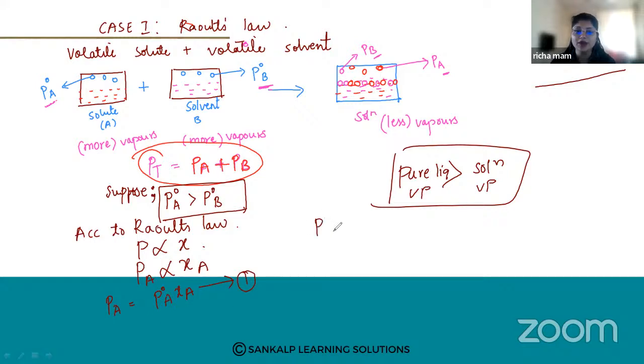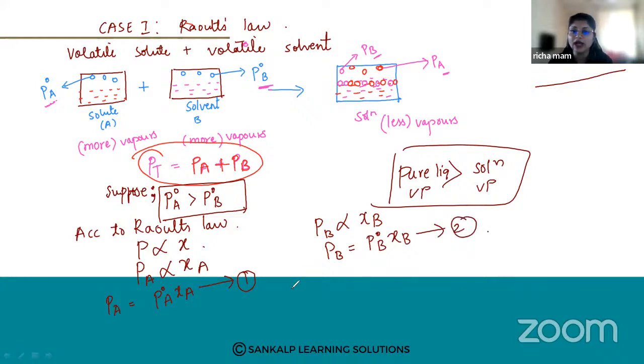Similarly, for component B, the partial pressure of B is proportional to chi of B, so removing the proportionality sign, this will be equal to P naught of B into chi of B. So these are our two equations.